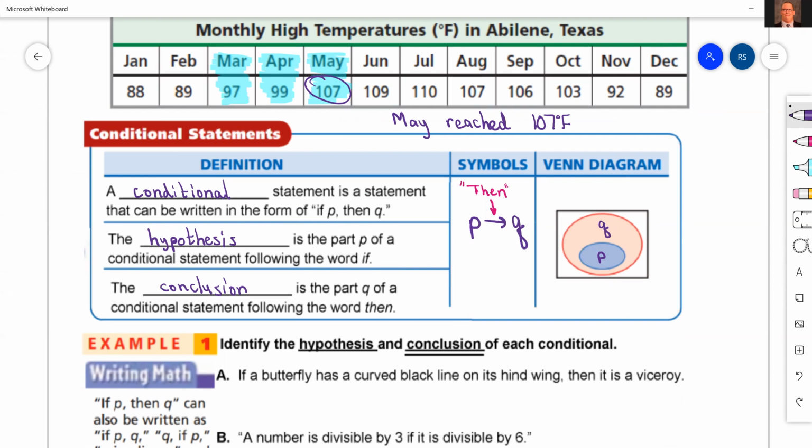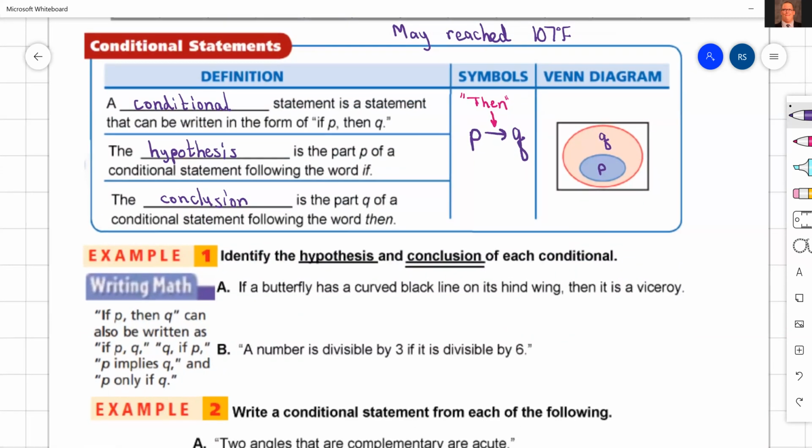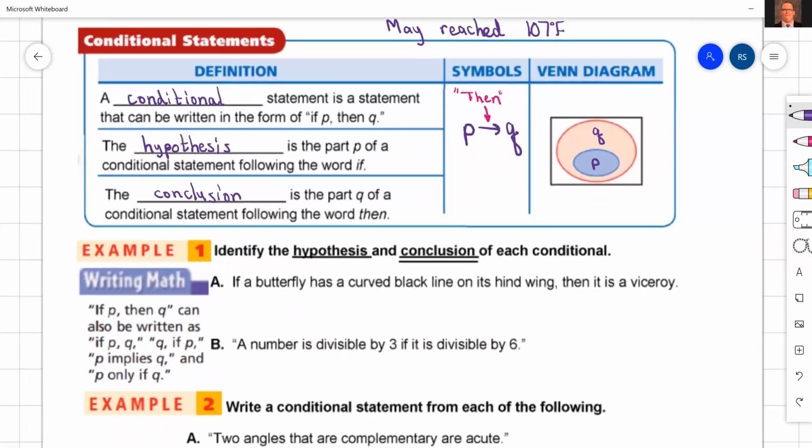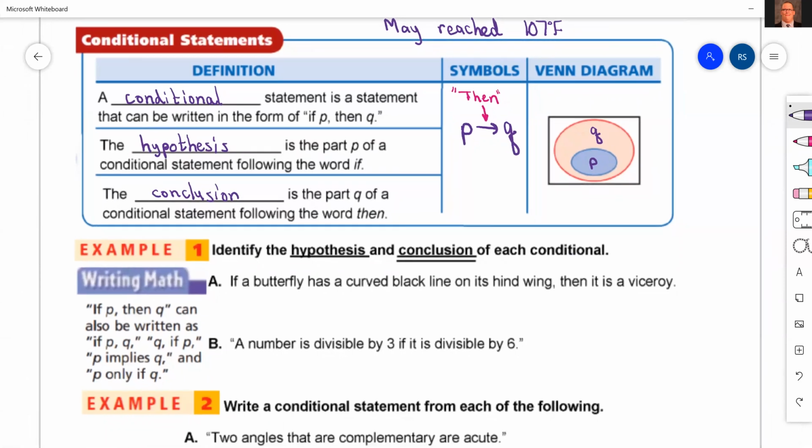Now, they won't always be in that order, though. The conclusion does not have to follow the word then, as we're about to see. But usually the hypothesis does follow the word if. So find the word if, and what's after it is your hypothesis.